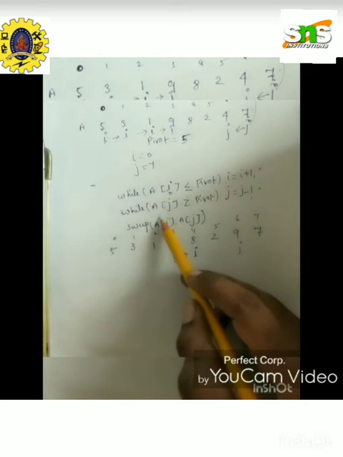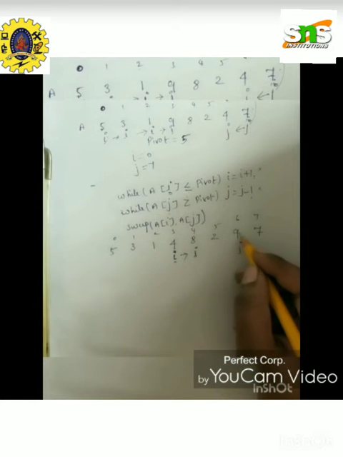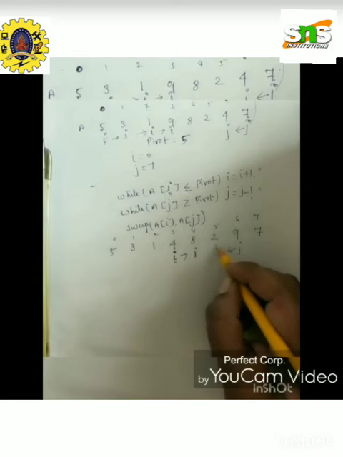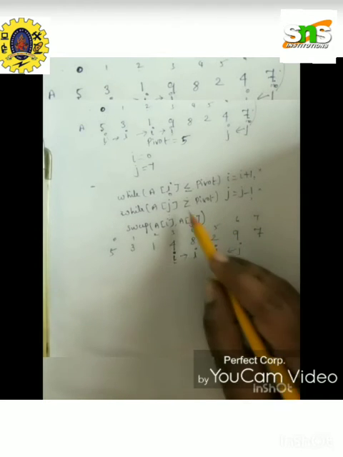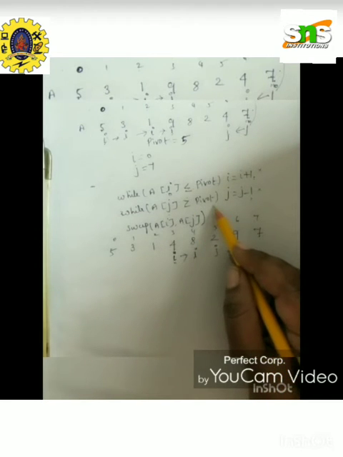Stop the loop. Next, a of j at the 6th location has the value 9, which is greater than or equal to 5, condition true. Decrement j and it moves here. Now check a of 5, the value 2, greater than or equal to 5.